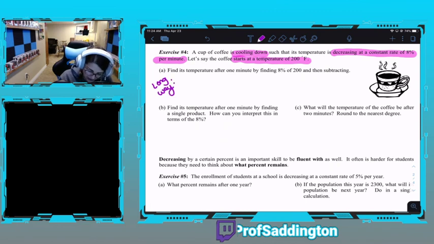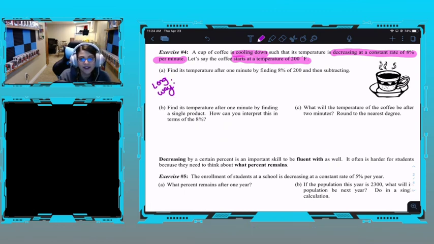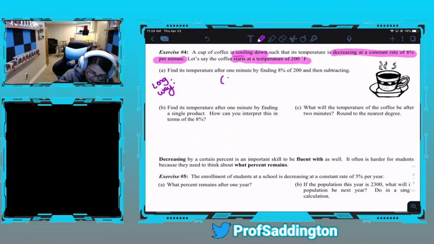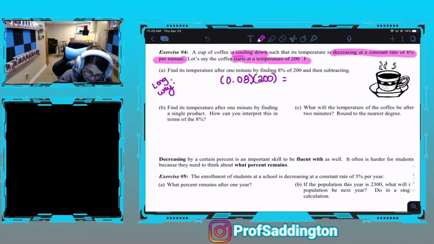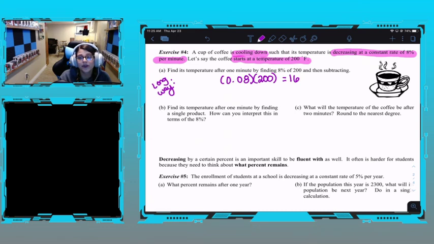The long way is to first take 8% of 200, so 0.08, and multiply it by 200, to get 16. But that's not our answer. And part of the reason I don't like the long way is because you guys will do one step and be like, I'm done.